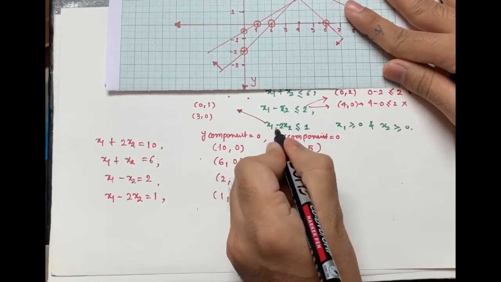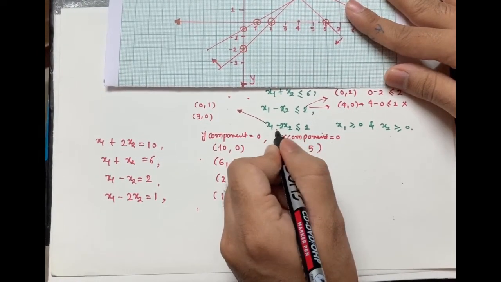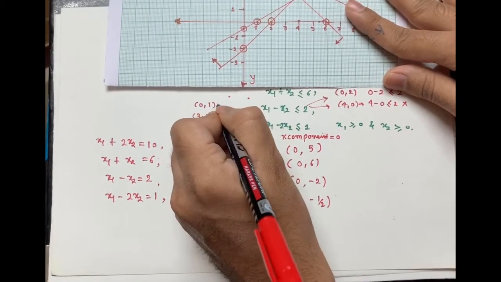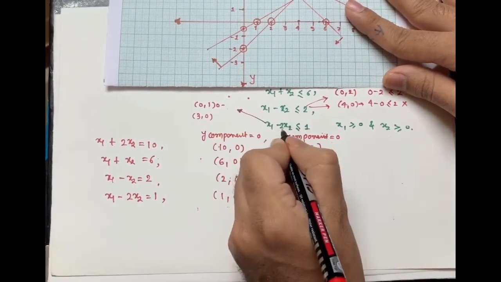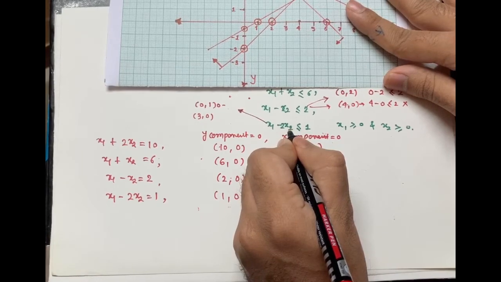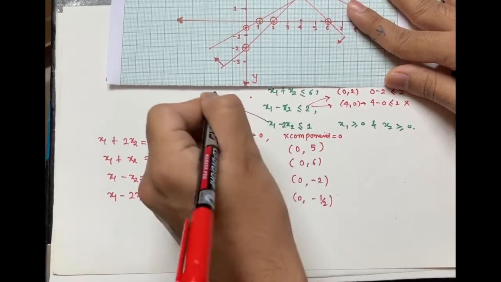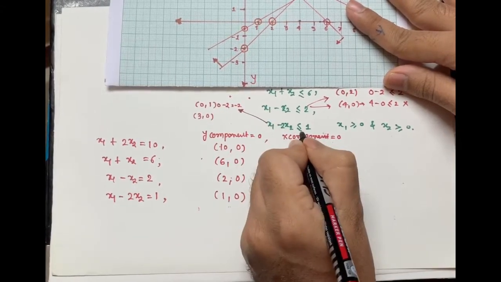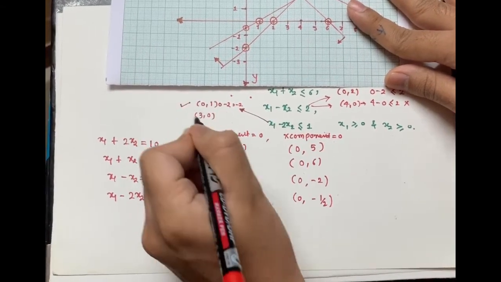Putting these two points in this equation, see what I get. x1 is 0, minus 2 times x2, means minus 2 into 1, that is minus 2. So the answer is minus 2, which is less than 1. So it satisfies the condition.